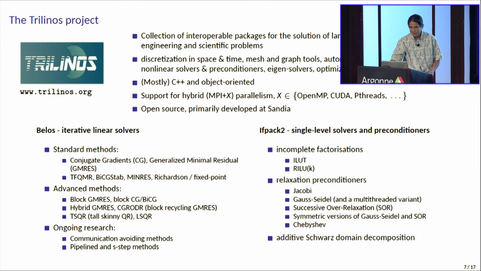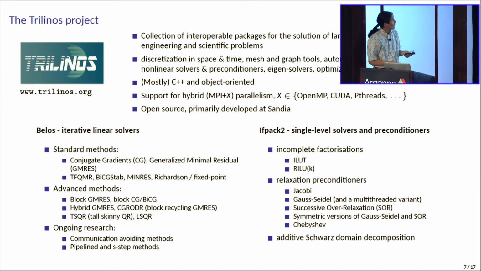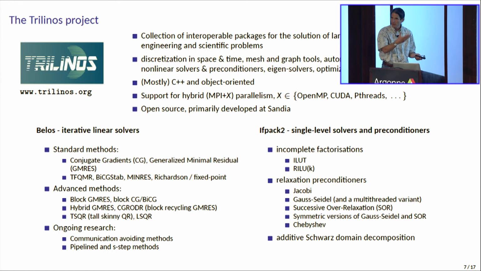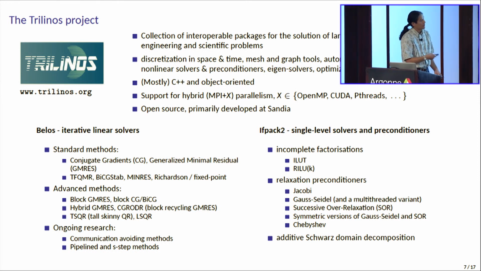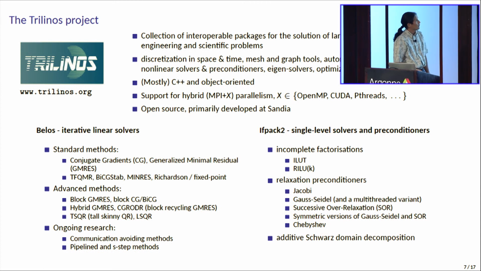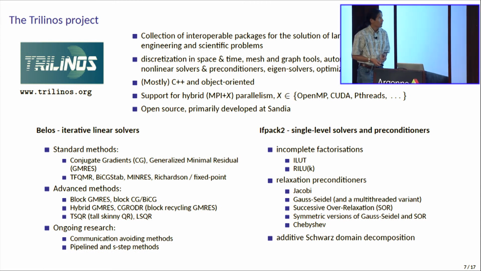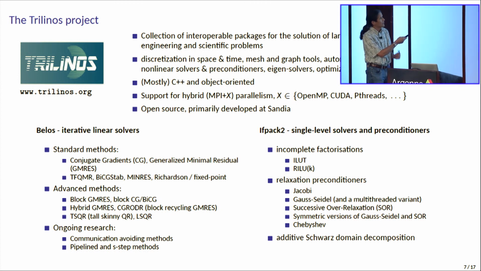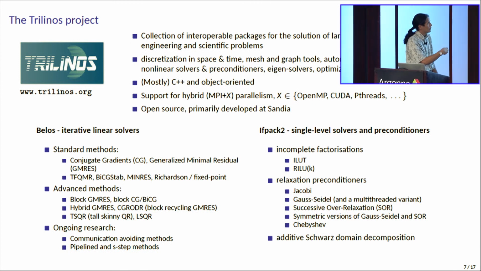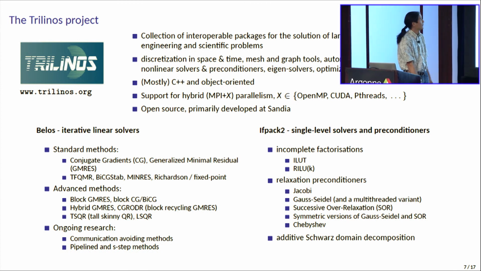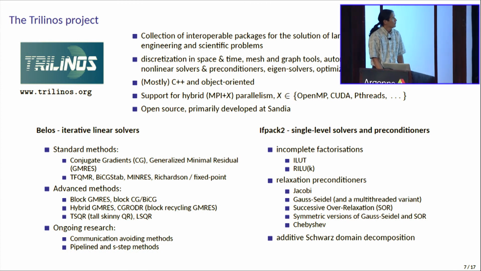All of these and more are actually available in Trilinos, which has been mentioned previously. All the preconditioners I just mentioned are available in Trilinos. There are also the Krylov methods I mentioned and more. So with Trilinos, the goal is to tackle very large-scale, complex multi-physics problems.